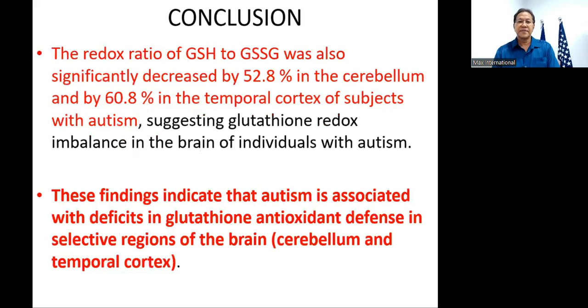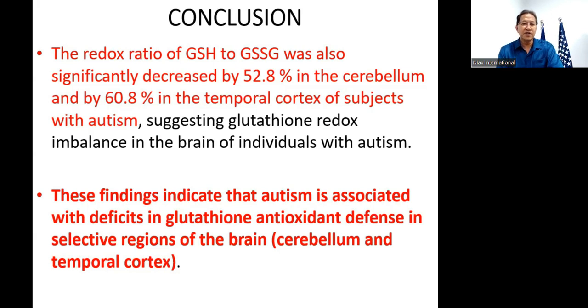Conclusion. The redox ratio GSH to GSSG was also significantly decreased by 52.8%. So that's significant. Remember I told you the ratio must be 99:1 or higher. Close to 100% GSH. Very little GSSG is healthy.